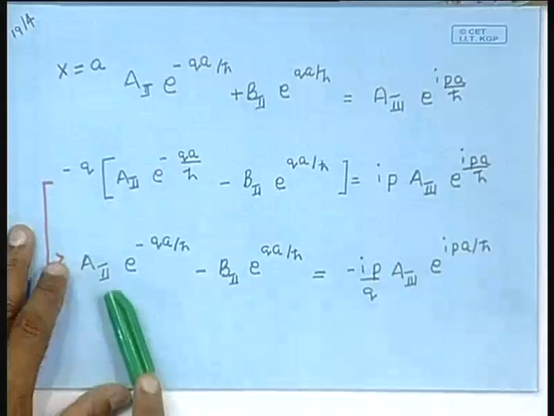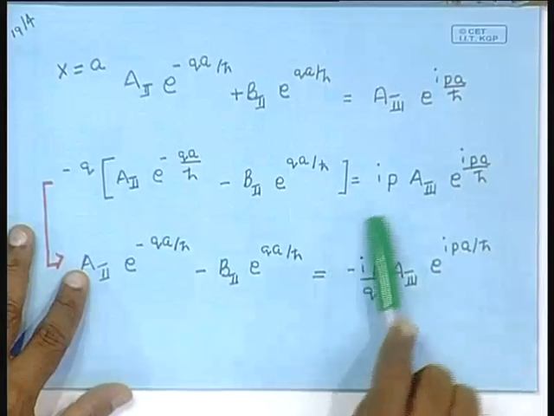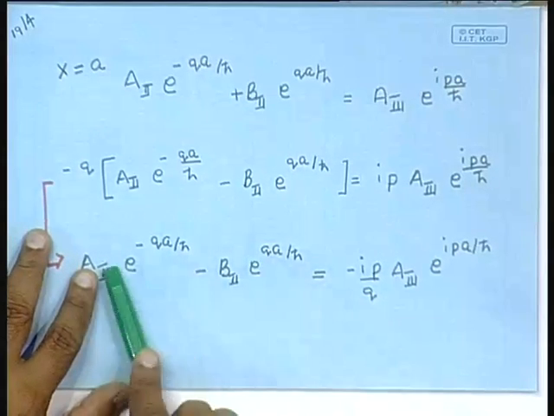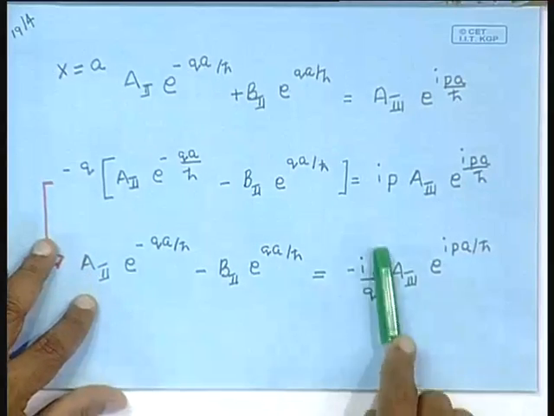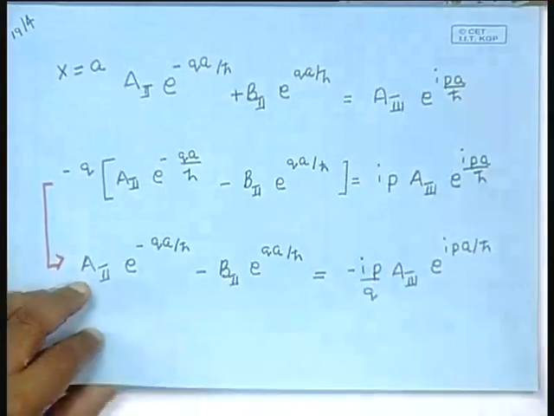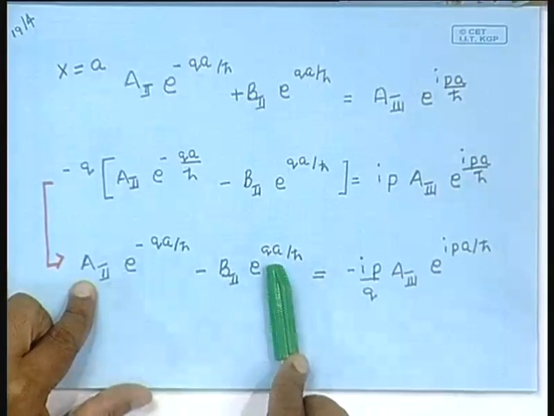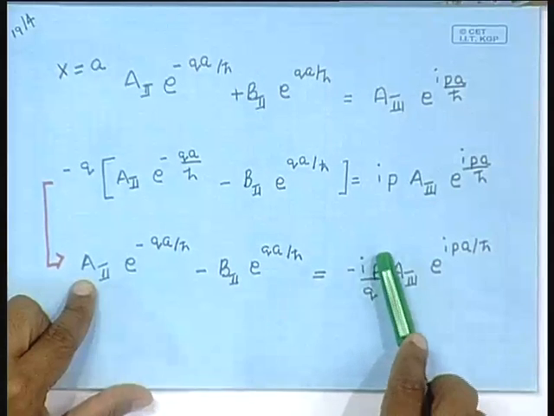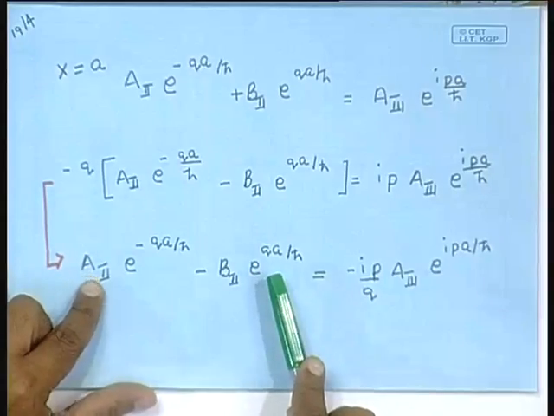What it tells us is that the right hand side of this expression is approximately equal to 0, because this is a very small number. So, the difference of these two quantities has to be extremely small, because p by q has been assumed to be a very small number. So, under the assumption that p is much smaller than q, this is approximately equal to this.